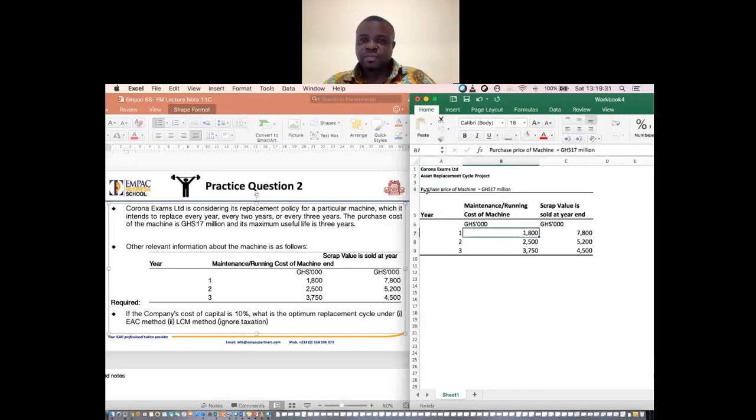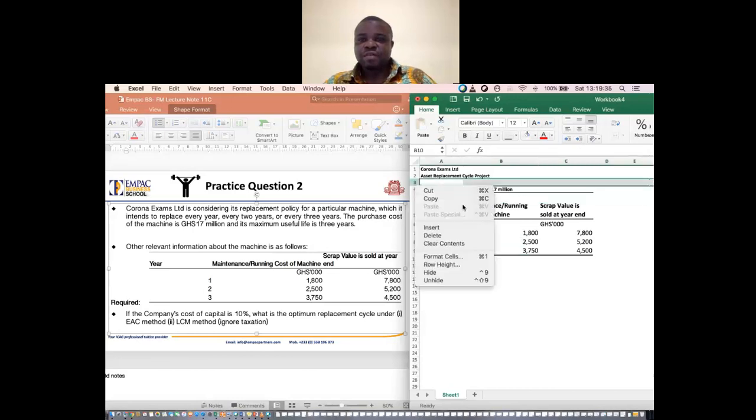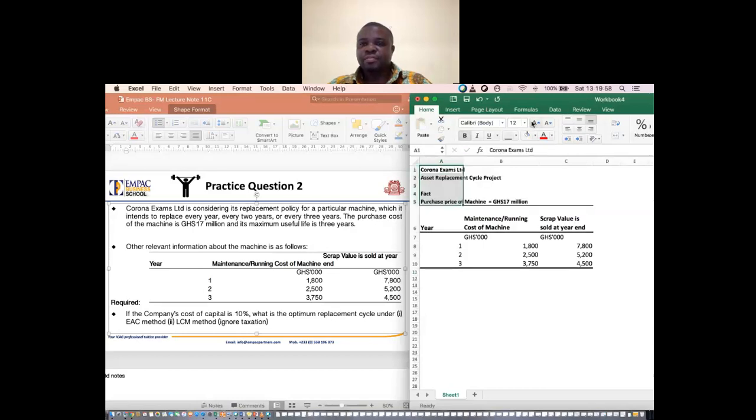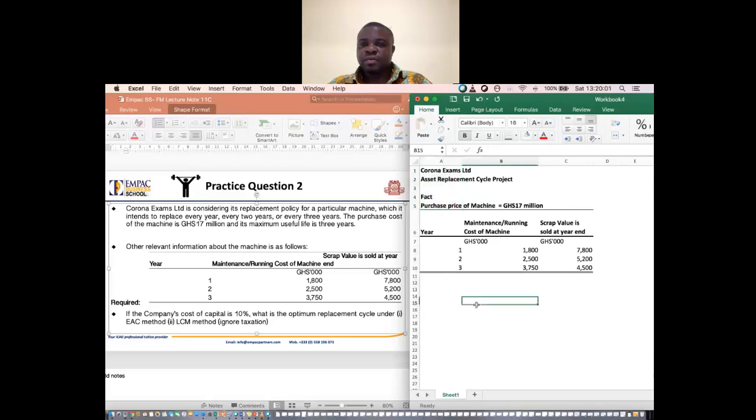So now we're looking at the facts of the question. We have 17 million Ghana cedis. Then we are given the other relevant cash flows: the maintenance and running costs, and the scrap sales are also there.